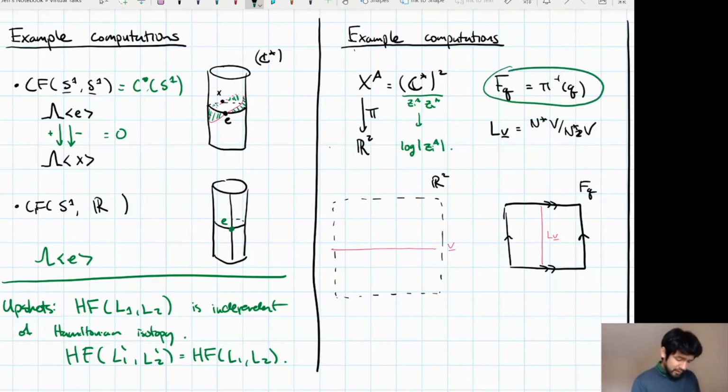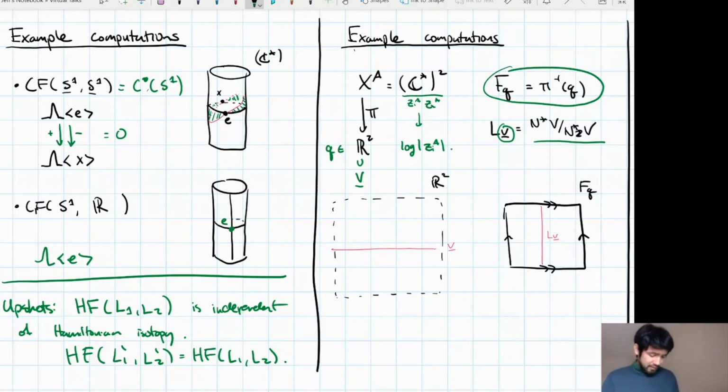The first one is a fiber of this pi, F_q. And the second one is, I'm going to start with V, a one-dimensional subspace, like a line inside of R2. And I'll look at the construction from the first talk, which is taking the conormal torus to it.